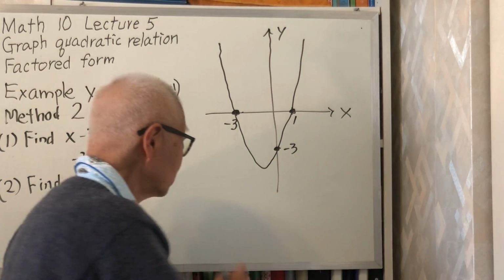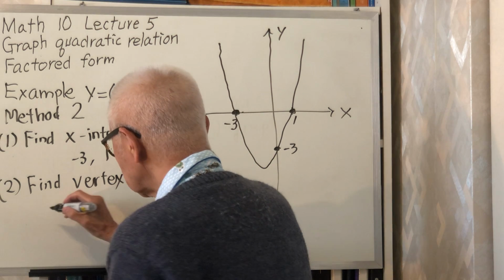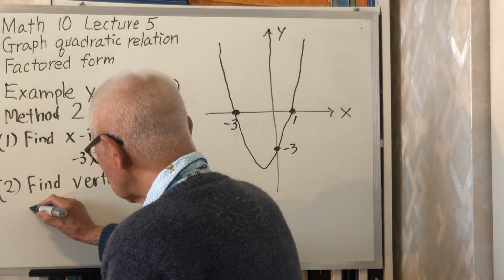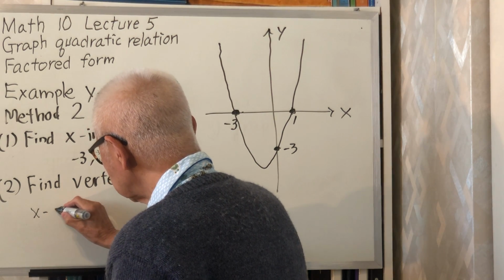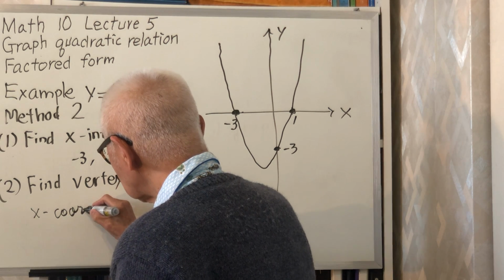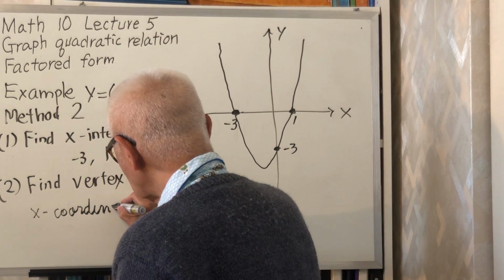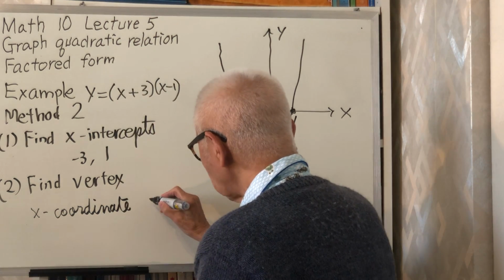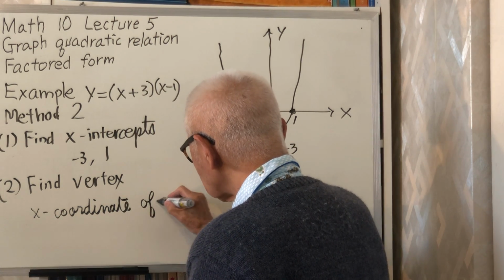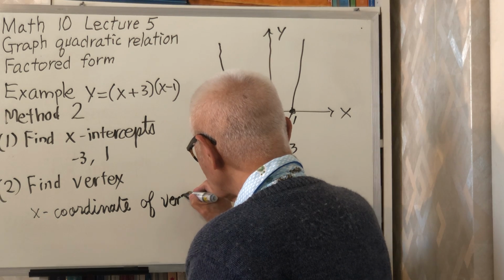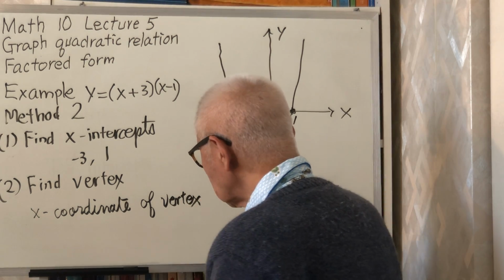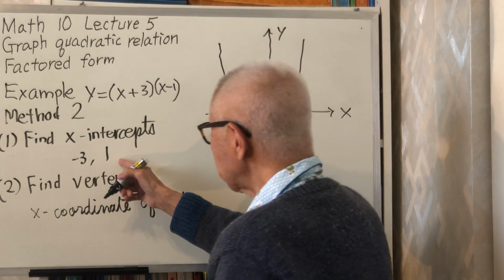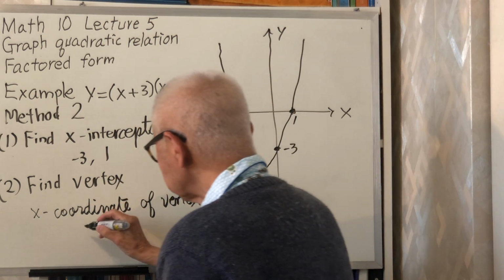So the x-coordinate of the vertex is midway between this and that.